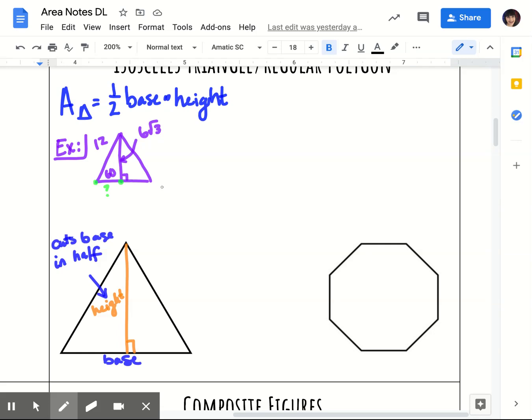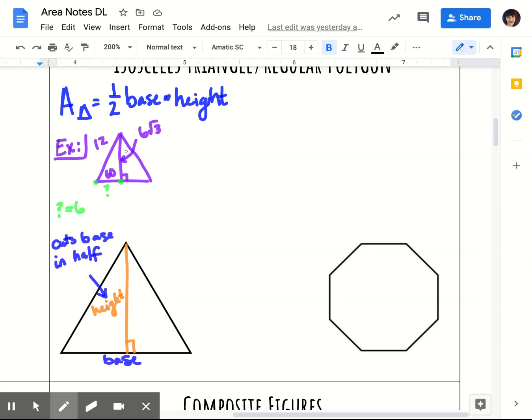I'm going to use my knowledge of special right triangles, but you could get this using trig as well. Using that knowledge, I know that this question mark value has to be 6. Again, you could get that with trig, Pythagorean theorem, or special right triangles.